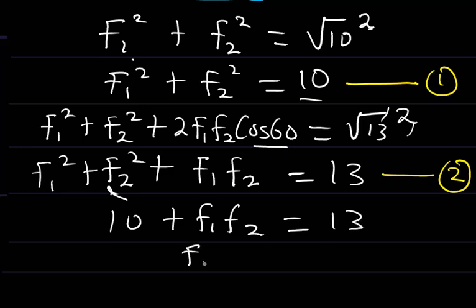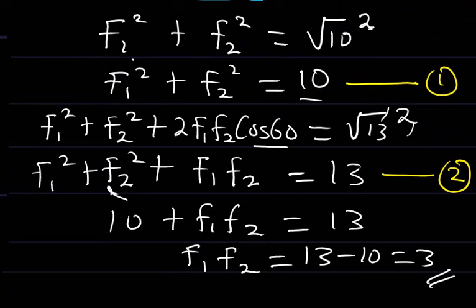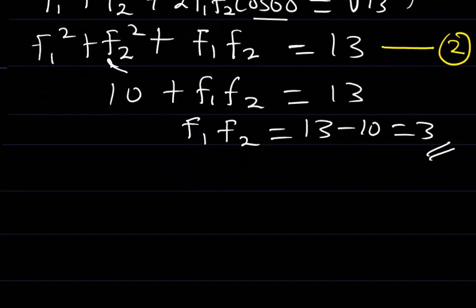So F1F2, if I make it the subject, is 13 minus 10, which is 3. Now I have another relationship, so I can use it to solve for F1 and F2. Let's look at F1 plus F2 square.